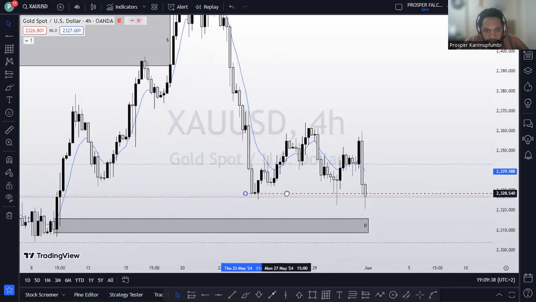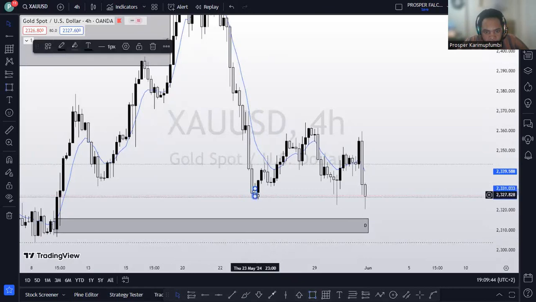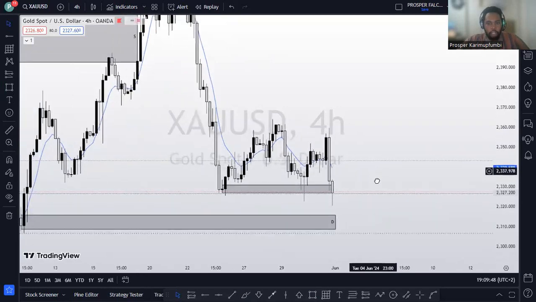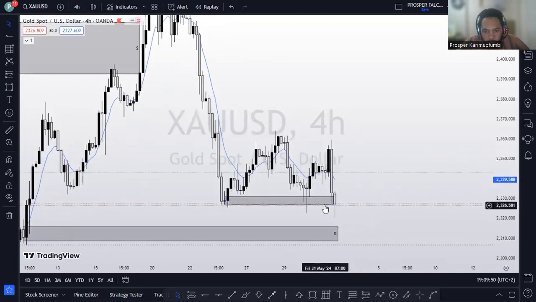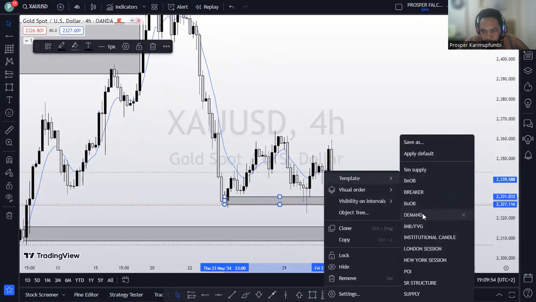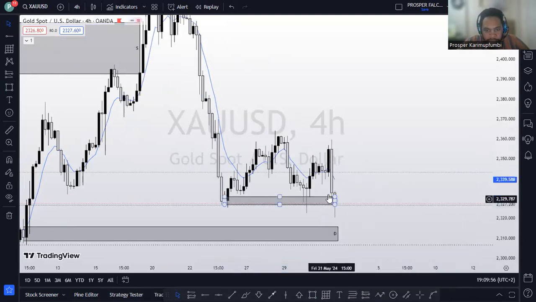The reason I'm saying I'm expecting it to short to this demand, looking at this, is that we also have a demand here. If gold wants to push to the upside, we have to manipulate this demand first, to trap all buyers again.